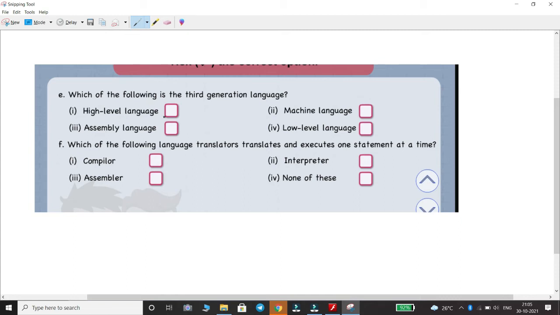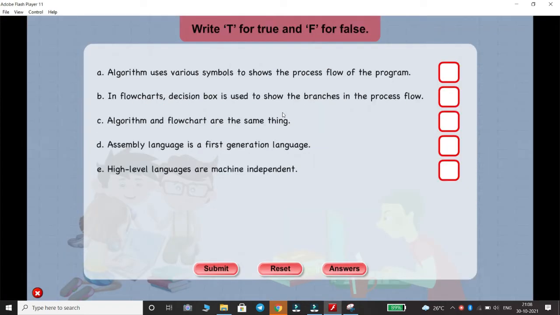Options: high level language, machine language, assembly language, low level language. Answer is high level language. Sixth question. Which of the following language translators translates and executes one statement at a time? Compiler, interpreter, assembler, none of these. Answer is interpreter.